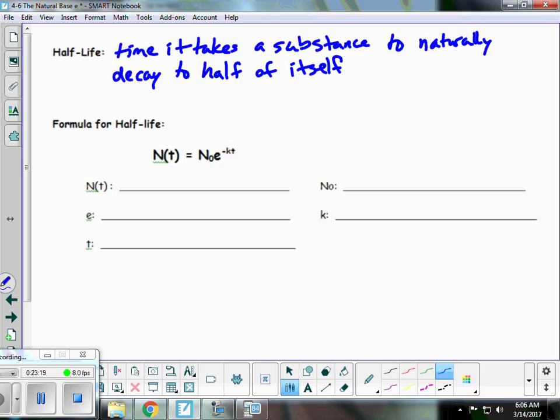This is a pretty big chemistry application. So anyway, N of T is our final amount, what we're going to end with. e, again, is that base e, and this is telling us that this is continuous. And in this case, we're specifically talking about decay.